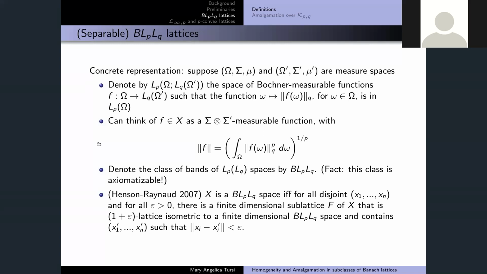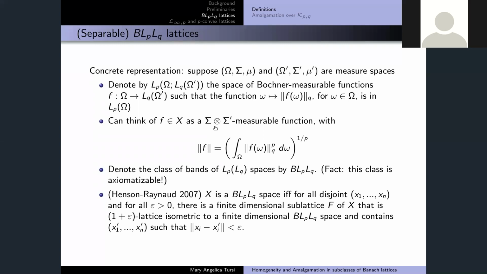So just to give a concrete representation of these, if you have measure spaces (Ω, Σ, μ) and (Ω', Σ', μ'), we denote by LP(Ω, LQ(Ω')) the space of Bochner measurable functions. These are functions f from Ω to LQ(Ω') that are limits of maps to simple functions in LQ(Ω').